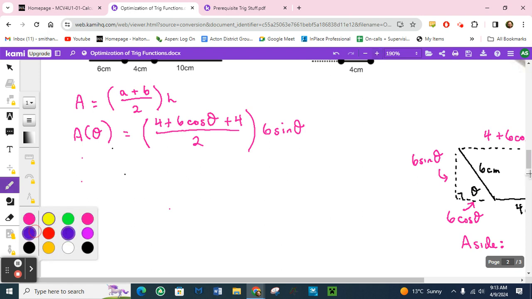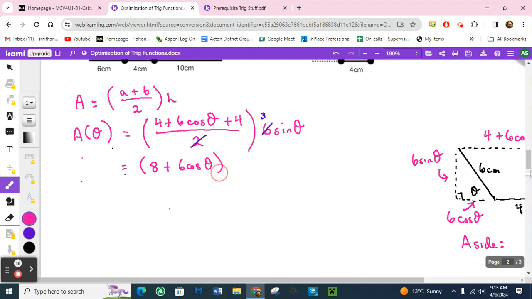Would you guys agree that 6 divided by 2 is just 3? Can I just do that? 6 divided by 2 is 3, right? Pretend we're on Barney the dinosaur here. And then I can just collect like terms inside the bracket. 4 plus 4 is 8, more Barney. So 8 plus 6 times cosine theta times 3 sine theta.